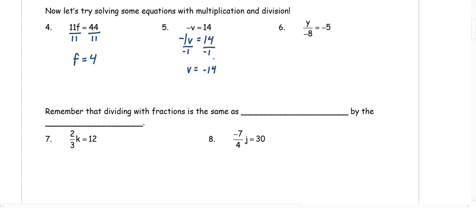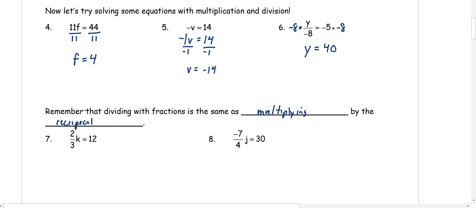Number 6, y over negative 8 equals negative 5. This is a division, so the opposite of division is to multiply by negative 8. So we get y equals 40. Now remember, when you are dividing with fractions, that's the same as multiplying by the reciprocal.